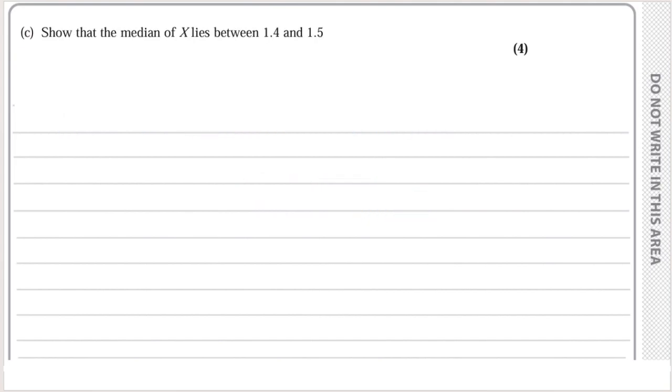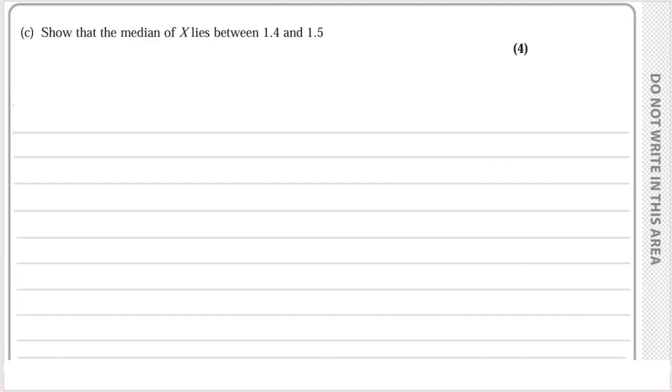Part C. Show that the median of x lies between 1.4 and 1.5. So we know that the median m is the value where the CDF, capital F, is equal to 0.5.